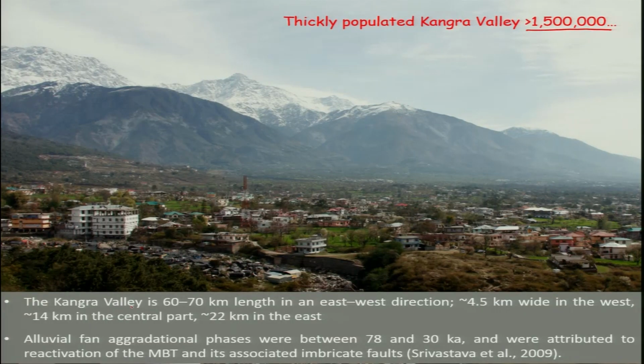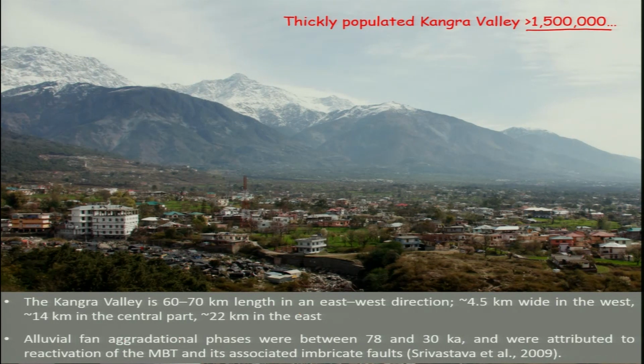Kangra Valley is quite long and quite wide, around 60 to 70 kilometers in length. In the east-west direction, it is around 4.5 kilometers wide in the western portion, 14 kilometers in the central portion, and 22 kilometers in the eastern side.